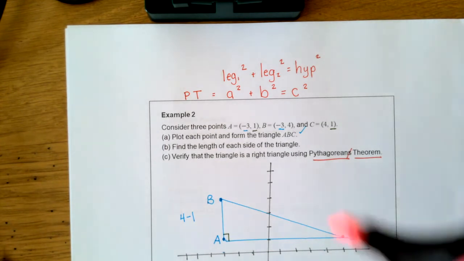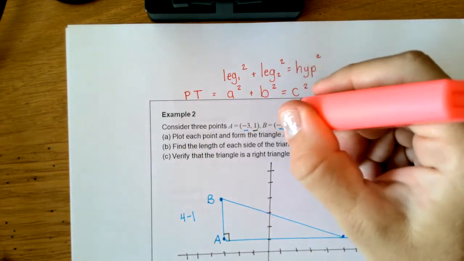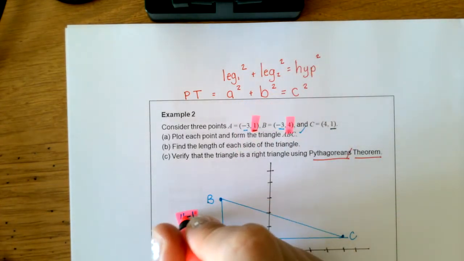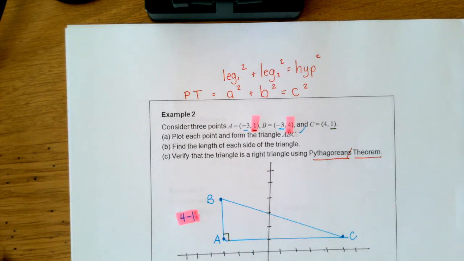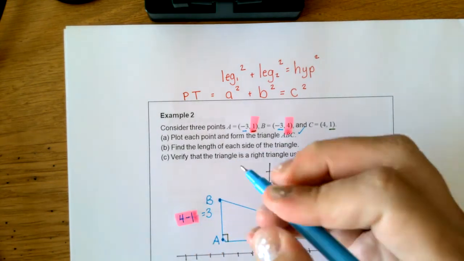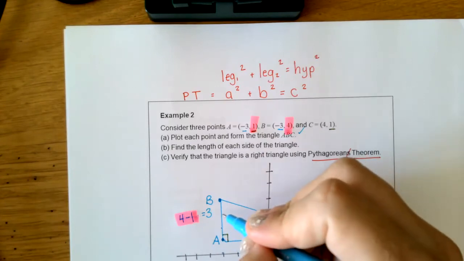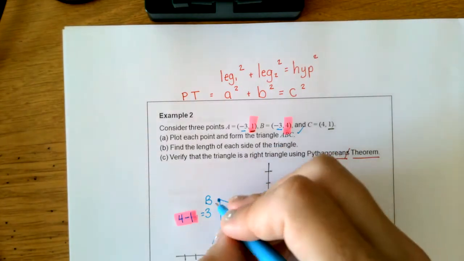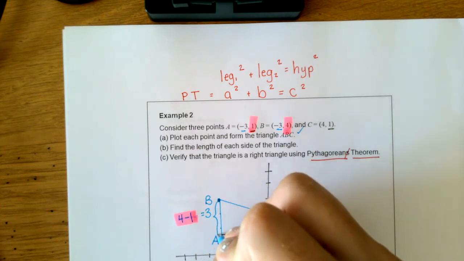So that's that 4 value and that 1 value. I subtract them, yeah? And that's how I find my distance. 4 minus 1 is 3, or I can just say 1, 2, 3 and count it. So this is 3.